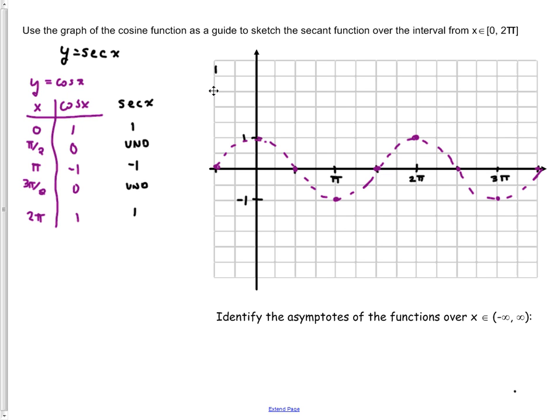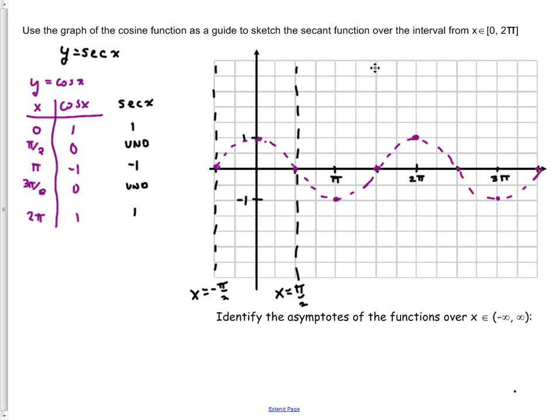So let's try it out right here. For example, at x equals negative pi over 2, we get a vertical asymptote. x equals 0, no, that's defined right there. But at pi over 2, here's another vertical asymptote. x equals pi over 2 is a vertical asymptote.